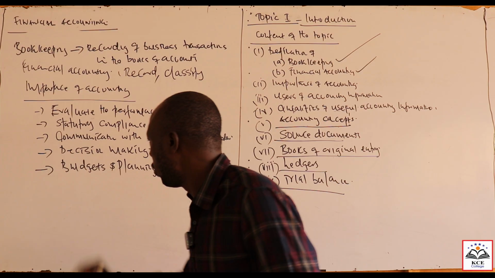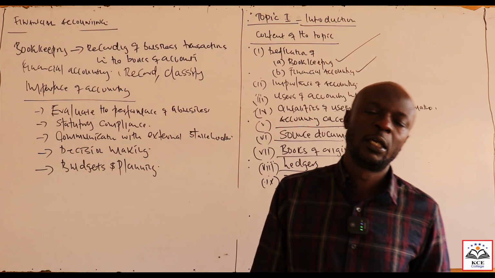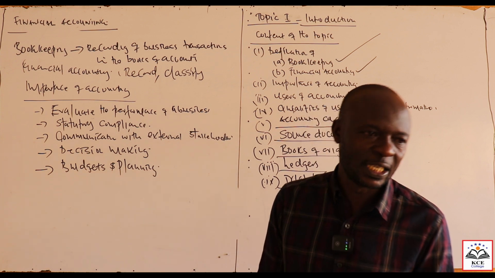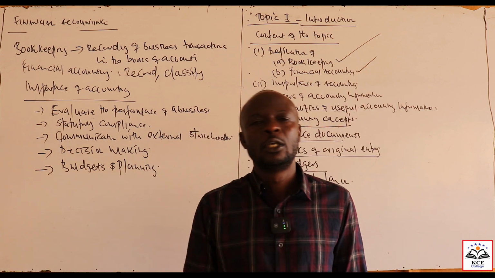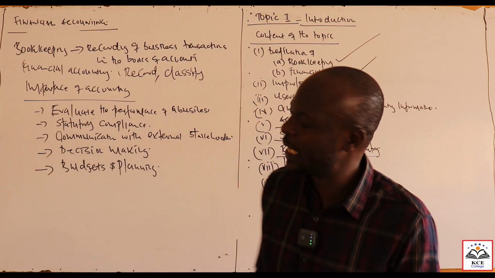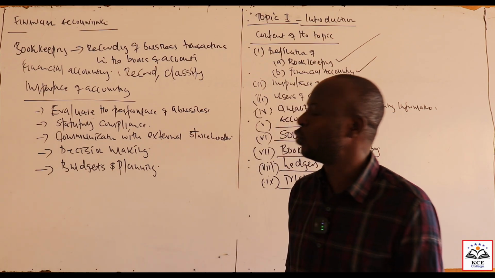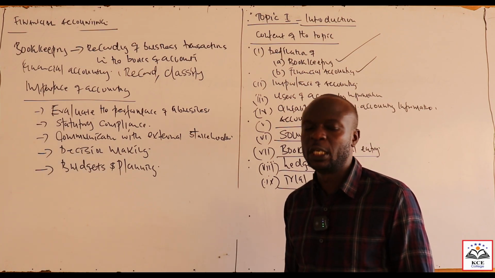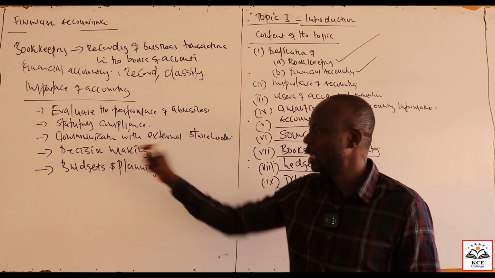And number four is what we call decision making. So the business has to make decisions on a regular basis. Decisions such as to expand the business, to sell a particular product, to hire new employees, to buy a new asset. Such decisions, you can't make them without proper information, especially on the financial status of a business.